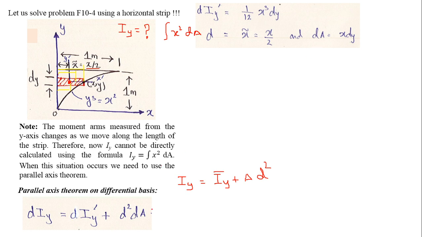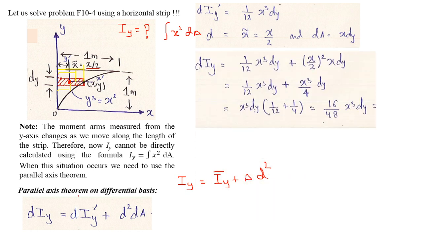And dA is analogous to this A. Here it is written on the bulk level, here it is written on the differential level. So this dA would be equal to the length of the strip x multiplied by the thickness of the strip dy. This diy is equal to diy dash or diy bar, they are the same thing.